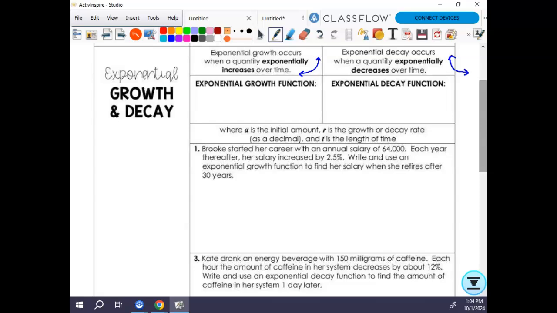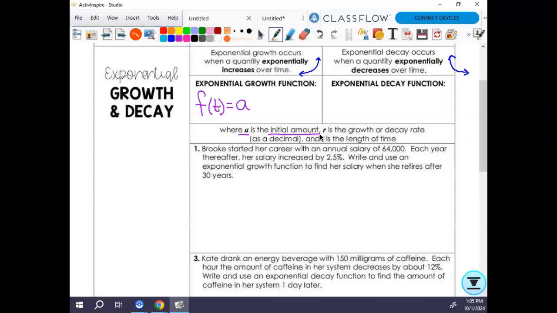So here is our function, and we're going to write it in function notation. Sometimes you might see it as y equals, or they could use other letters, and we're going to use t as our variable and not x. So this is going to be f of t equals a. A is the initial amount.